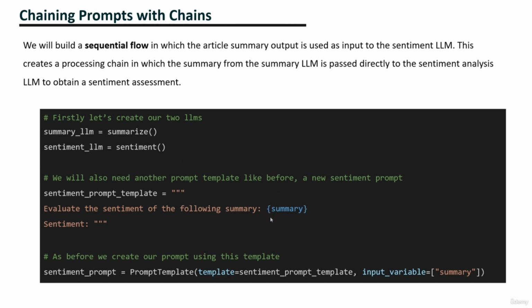It will take a variable as input, which will be the summary. This variable will change according to the summary we input, and as a result, it will yield the sentiment. Hence, we will again utilize the prompt template function and pass this new template that we just created, which will take a variable as input, the summary.